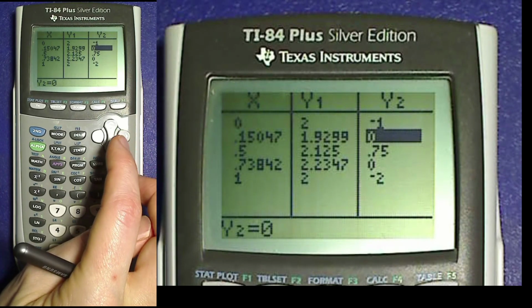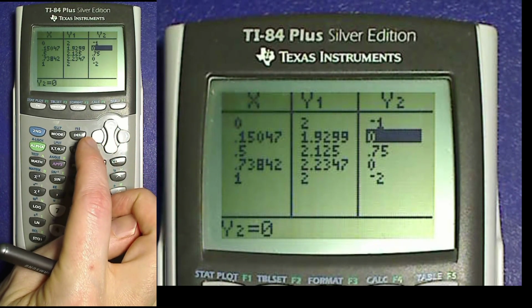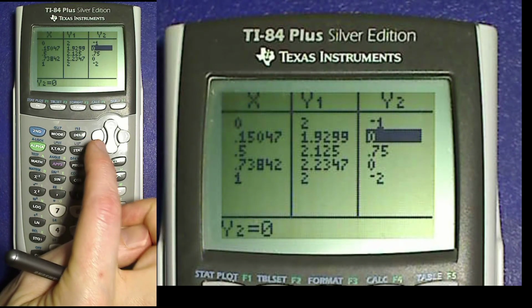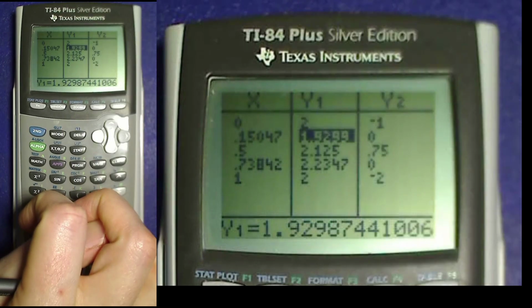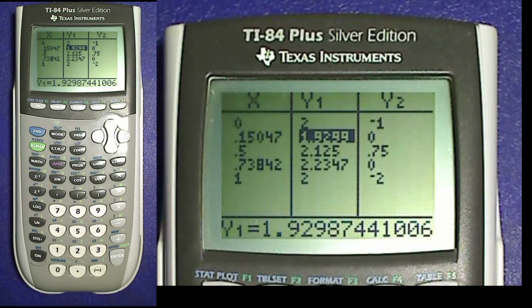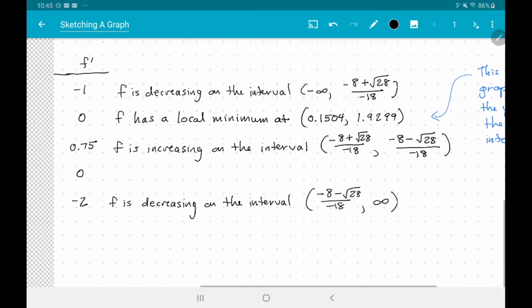You can see y2 is 0. That's correct. That's the fact that f prime at the critical number here is 0. This is the y-coordinate that we want. That's 1.9299. So let me write that in. 1.9299. And there's the local minimum.